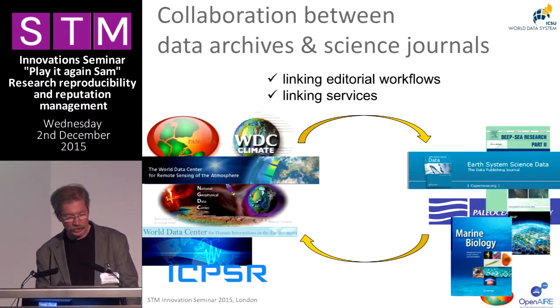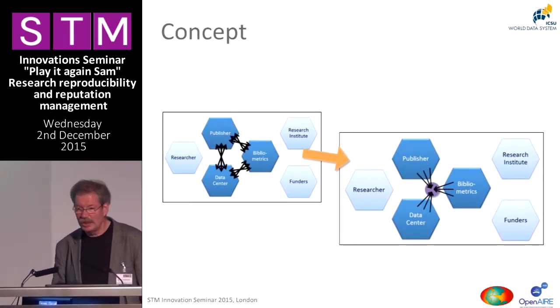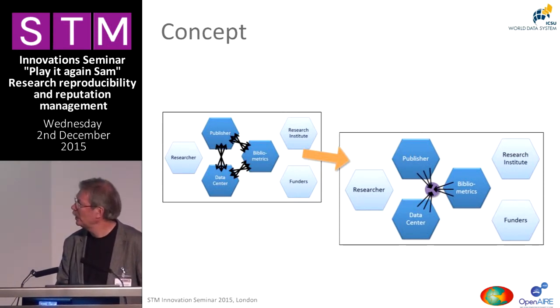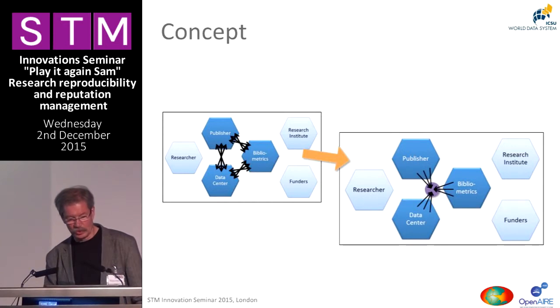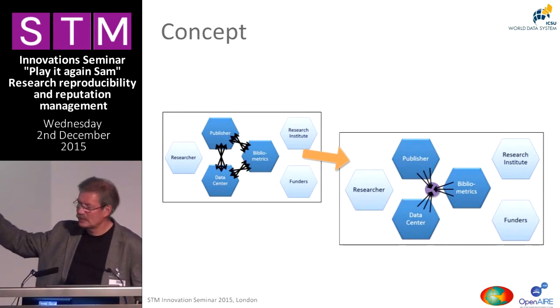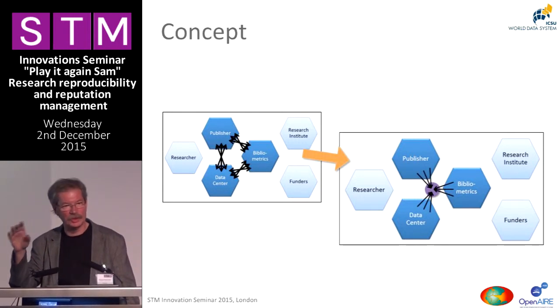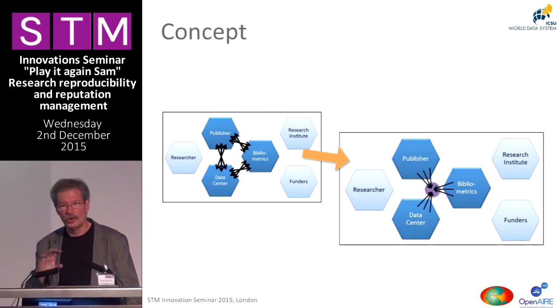This is only a selection of those here. So I'm concentrating on linking services, but certainly in order to make progress, also linking editorials would be preferable. The problem is that by now we have a plethora of bilateral linkages between journals, publishers, and data centers, as you can see in the left figure, which leads, with respect to maintenance, to nothing.